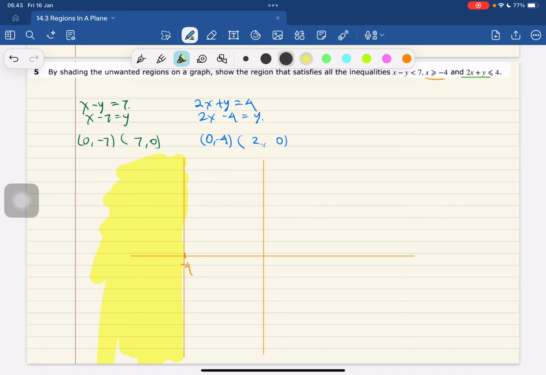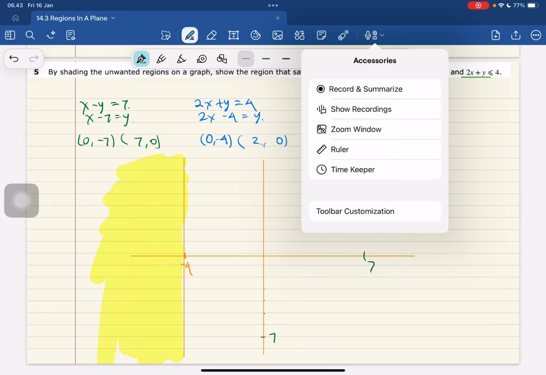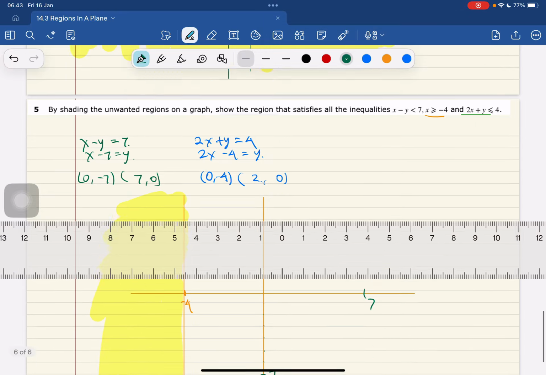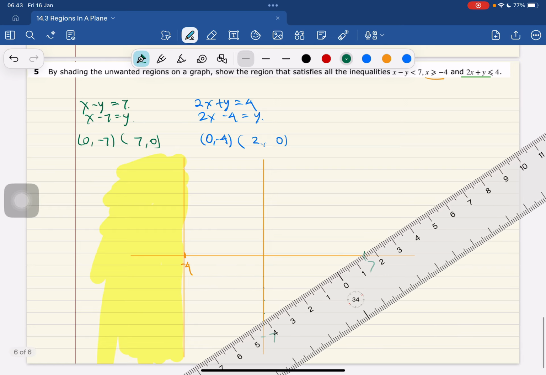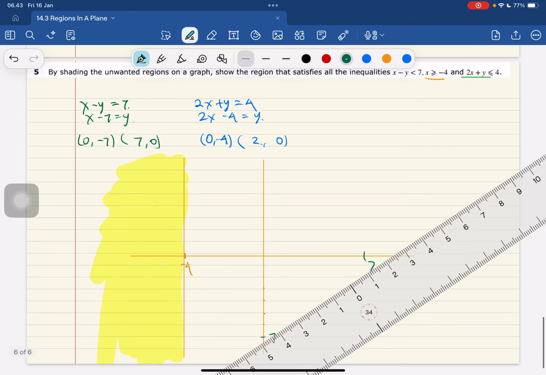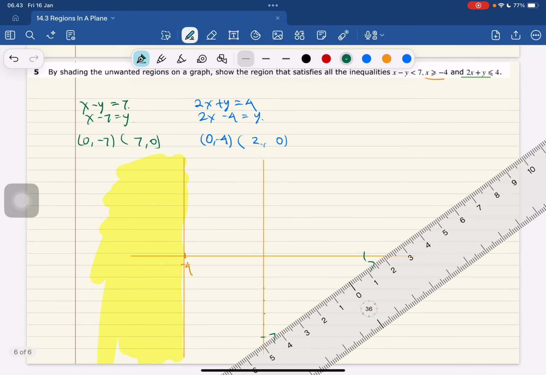Okay, next line, we got here minus 7. So let's make it minus 7 here. 1, 2, 3, 4, 5, 6. Okay, minus 7. And then 7 here. So you can just make it with a ruler, as this is only less than. Yeah, there we go.